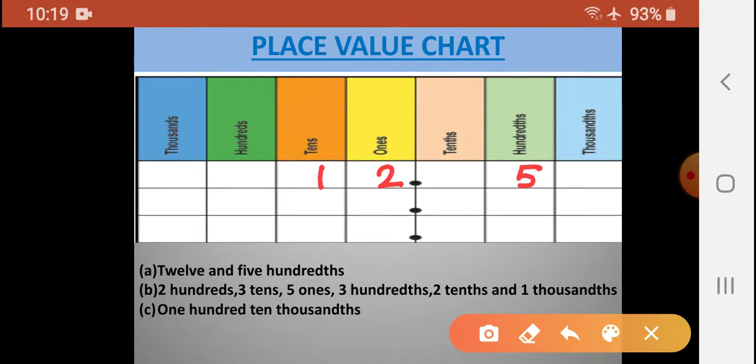Since there is no tenths digit, we will write it as 0. So 12 and 5/100 means 12.05.